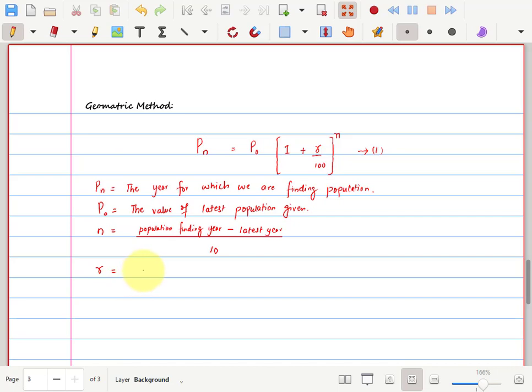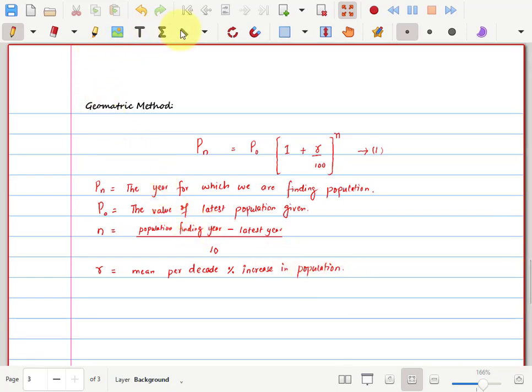Now here, what is R? In the previous case we were finding x, right? But in this case we have R. R is the mean per decade percentage increase in population.